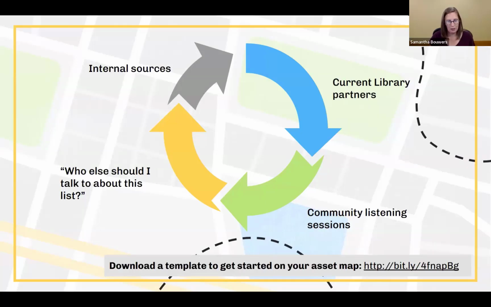The next piece rolls into current library partners. So you might take this list over to the extension office or to the Rotary Club or to another individual you've worked with in the past, and say, all right, who else should be on this list? And that's going to be a question we're always asking.